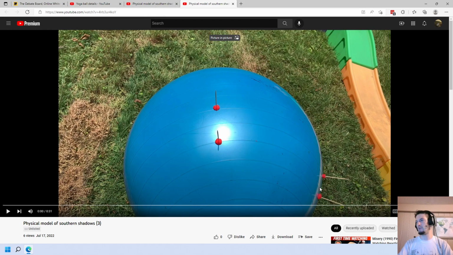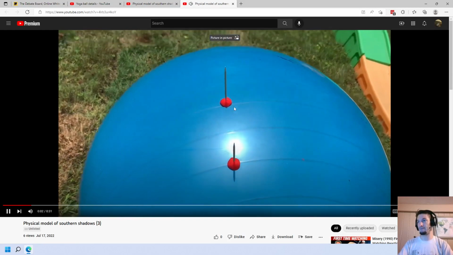These markers are on the same 37.5 and 22.5 lines of latitude, but you'll see that the two that are at solar noon, they do have shadows. Both of them have shadows.